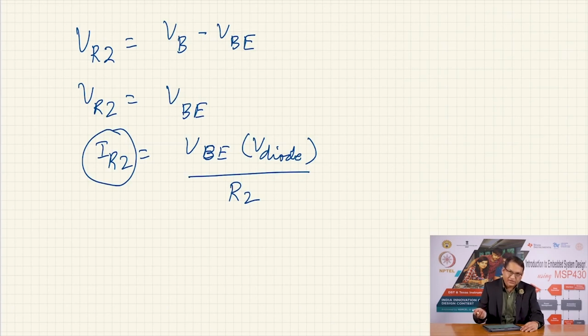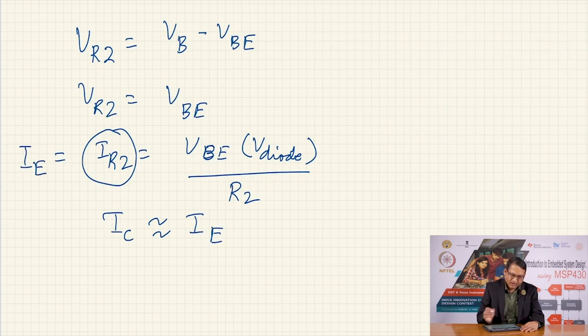If the beta of the transistor in this case is large enough, then IC will be approximately equal to IE, and this IR2 is actually equal to IE, the emitter current. Therefore, this would ensure that the collector current, which is the LED current, remains constant, determined by this equation.